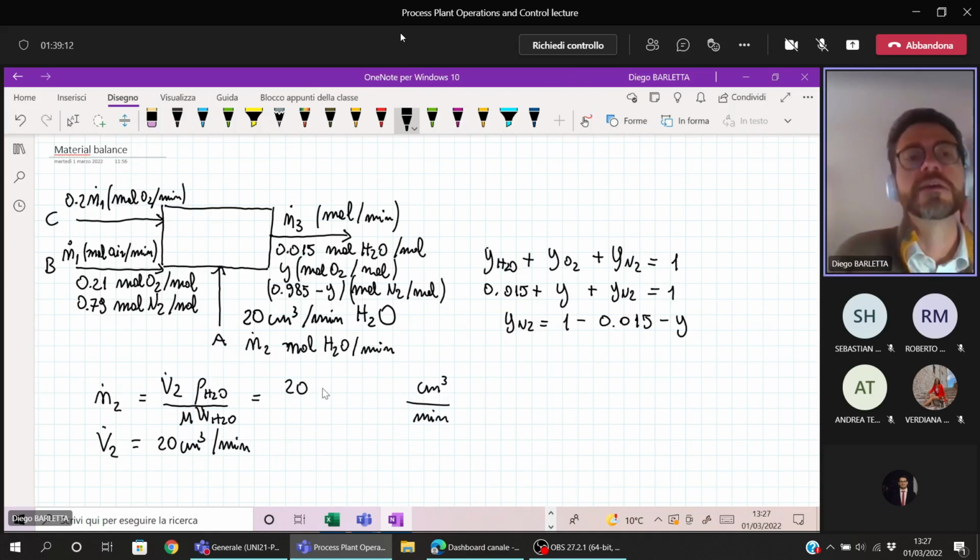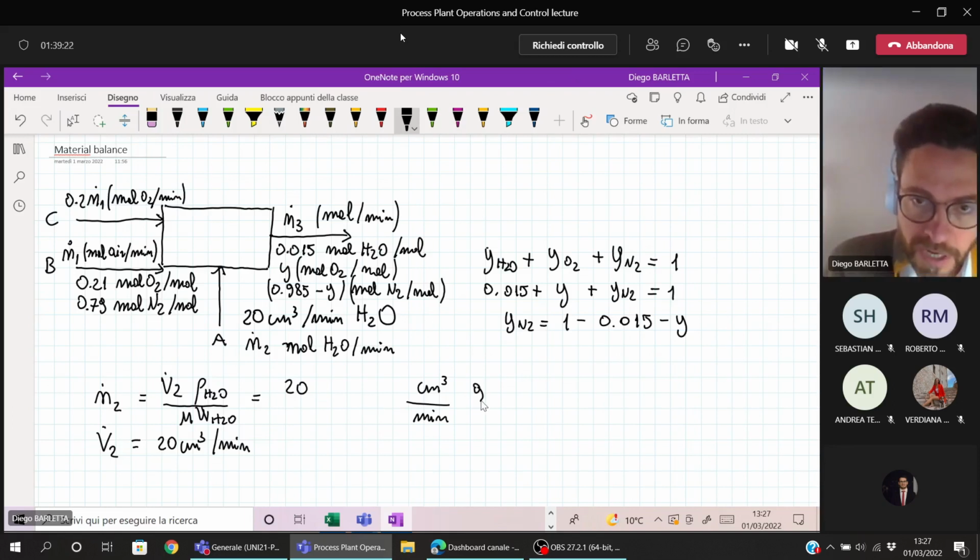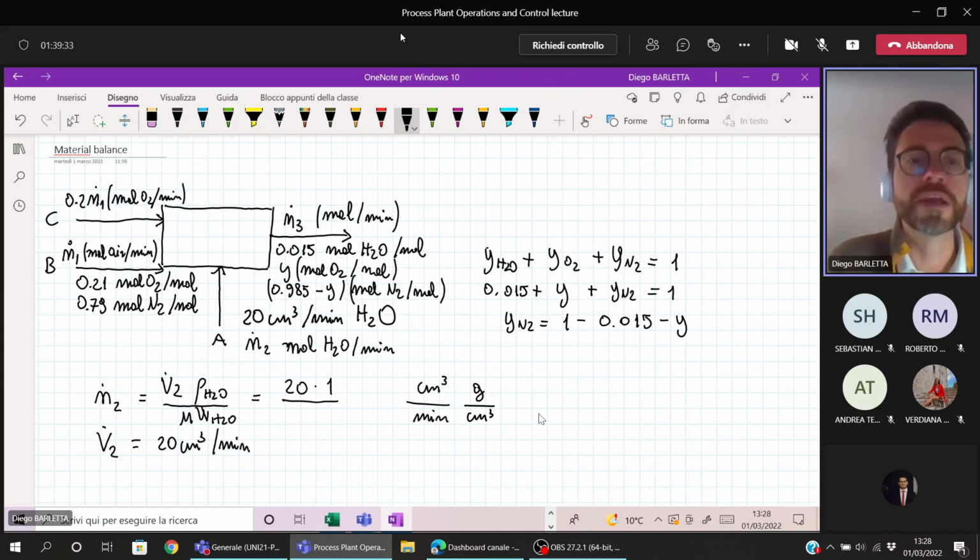Then the density could be convenient to have in gram per cubic centimeter, and for water this is 1. And then molecular weight should be in gram per mole. Considering that this is the denominator, we have mole, gram.